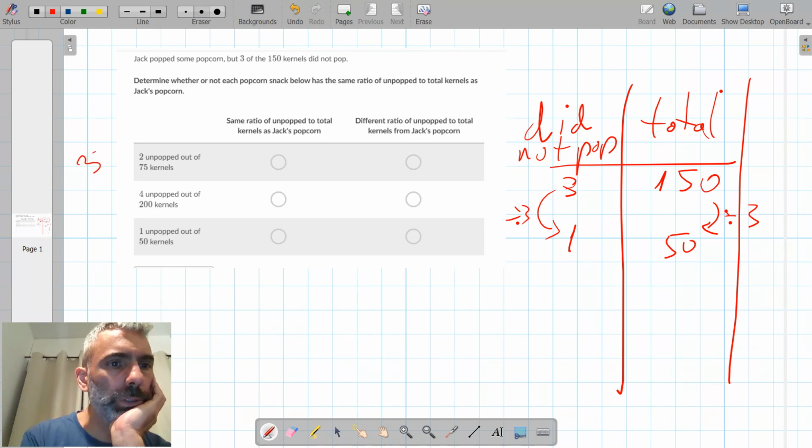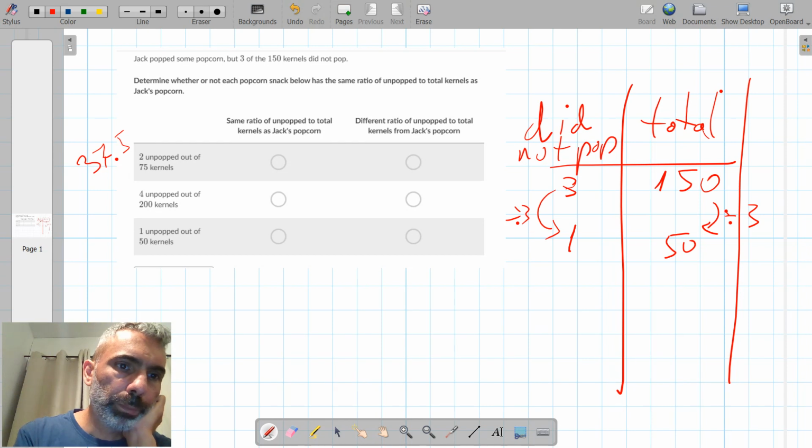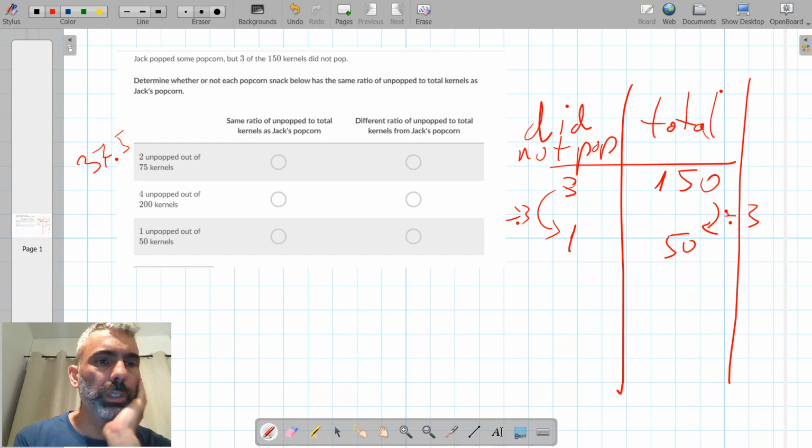So here the ratio is 1 to 37.5. For each one unpopped kernel, there are 37.5 kernels. Out of the total number of kernels, one of 37.5 did not pop. So this is not the same ratio.